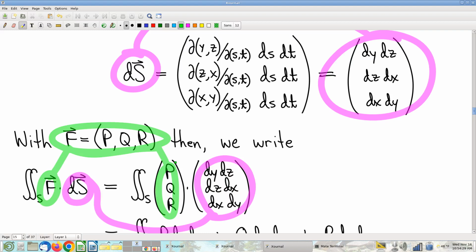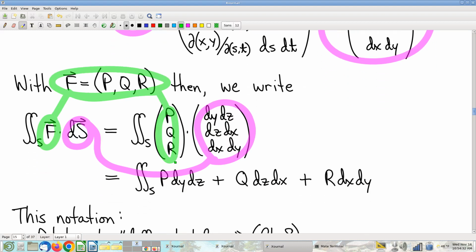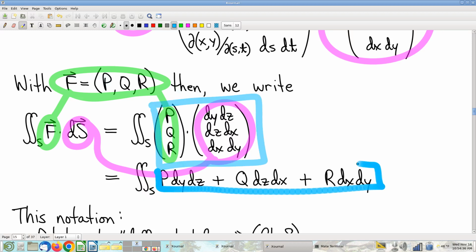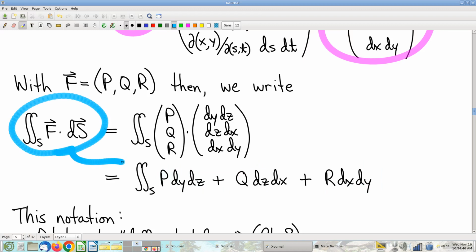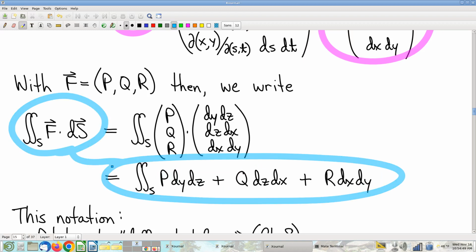Let's call them P, Q, R. Then, crank out that dot product, and that dot product is just that, and this is what we call a coordinate surface integral notation. So again, this is an alternative to the usual, I might call this a vector notation for a flux integral. This is what I would call a coordinate notation for a flux integral. So they're the same per this connection here, but look very different.